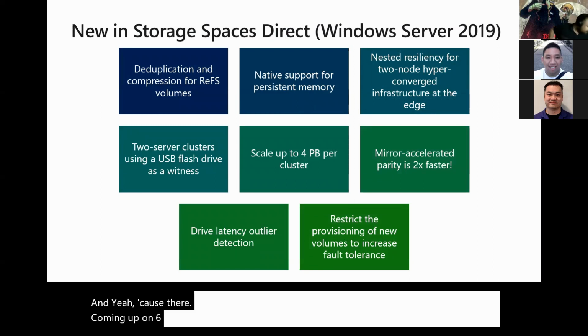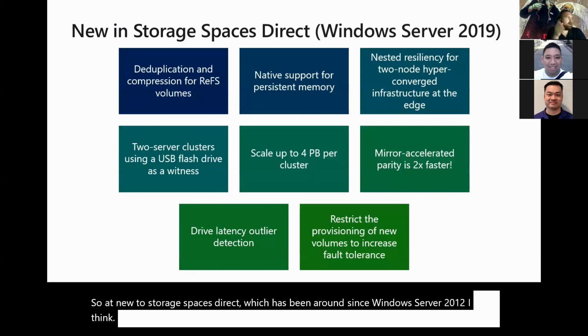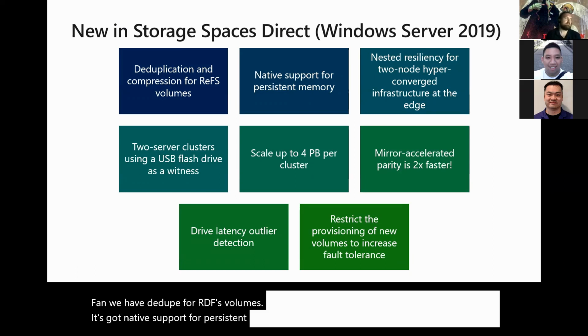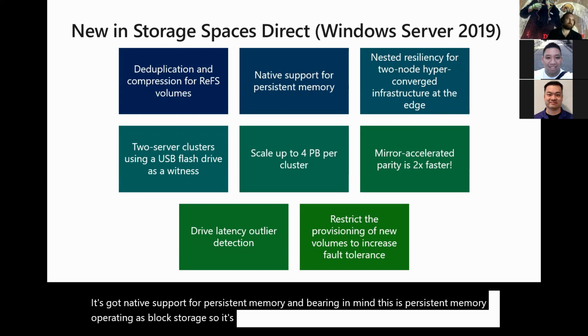All right, not doing too bad. So new to Storage Spaces Direct, which has been around since Windows Server 2012, I think, we have dedupe for our ReFS volumes. It's got native support for persistent memory, bearing in mind this is persistent memory operating as block storage, so it's just really fast storage with nanosecond latency.